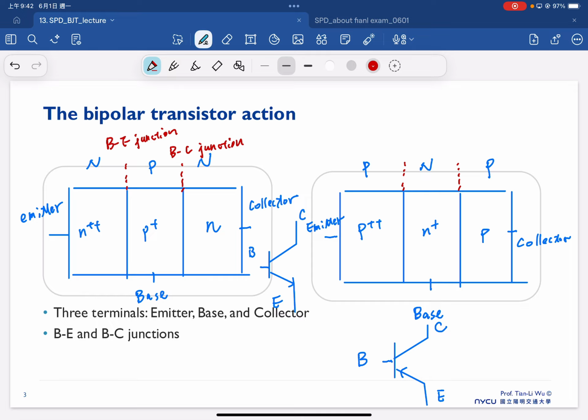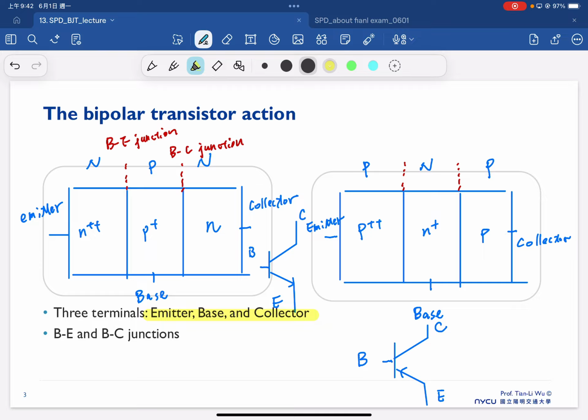So these junctions are also very critical that we need to understand when we try to analyze, no matter whether NPN or PNP. Basically, the bipolar junction transistor is a three-terminal device, similar to the MOSFET, but now we have the emitter, base, and collector here.